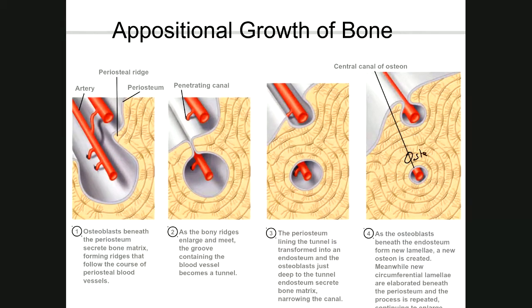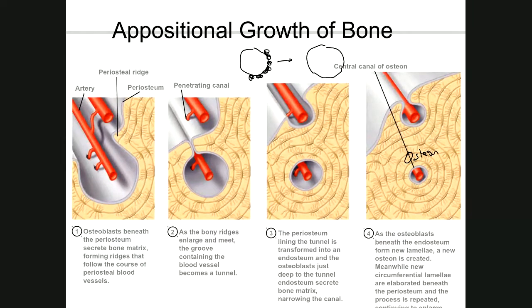If you create osteons all around the bone, another one here, and another one here, all the way around at this periosteum, as we create these new osteons, this whole thing is going to get bigger.